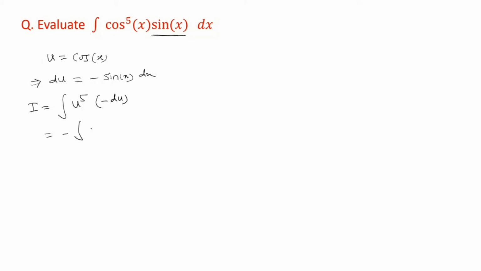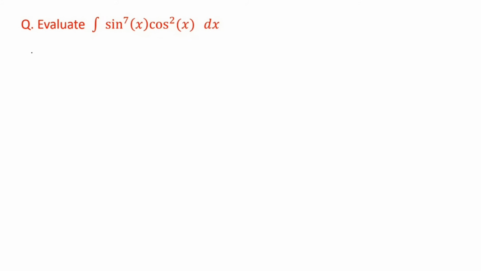So this is equal to minus u to the power 5 du, which is equal to minus 1 over 6 u to the power 6 plus c, which is equal to minus 1 over 6 cosine to the power 6 x plus c. That's all. Now the previous one, you will do it again.